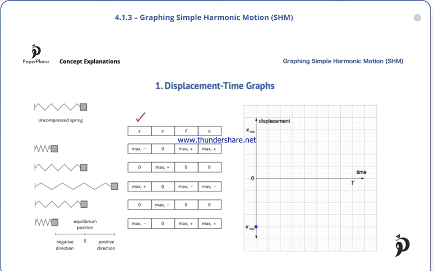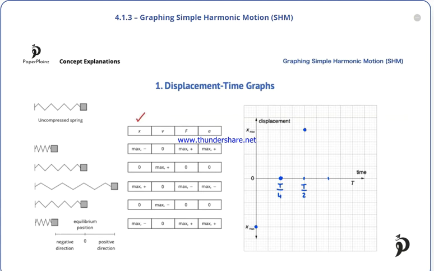So the time at this point is a quarter of the time period, or T over 4. Displacement here is 0. After another quarter of a full oscillation, so at T over 2, the spring is fully stretched and the object is at its maximum displacement position, but this time in the positive direction.